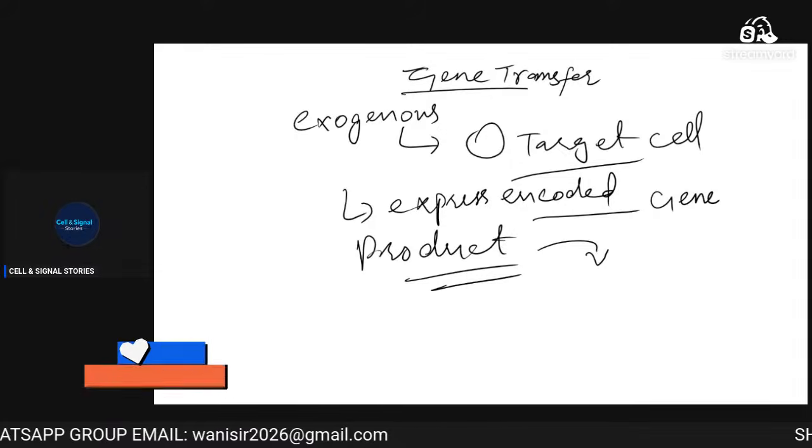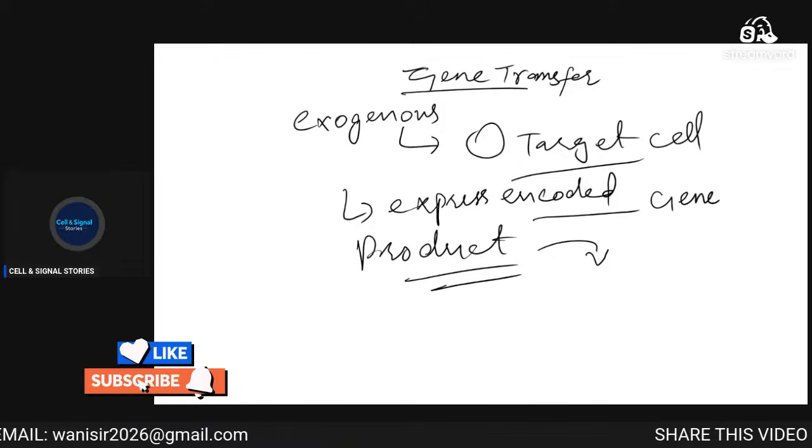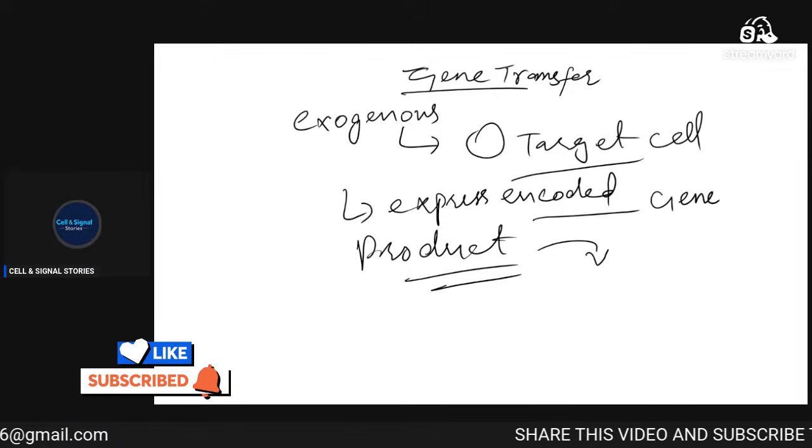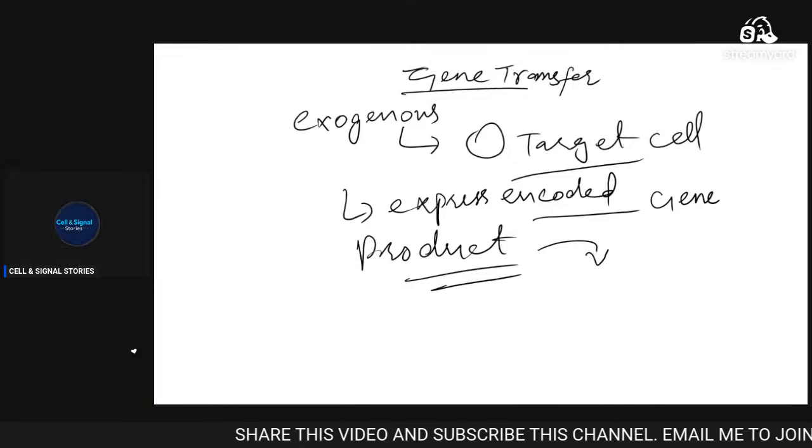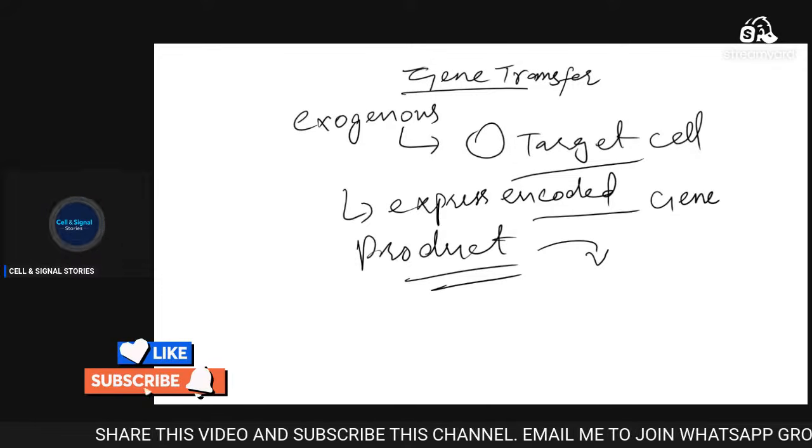So this is important so that we can get the desired gene, a therapeutic protein or a therapeutic RNA. There are two broad categories through which gene transfer happens.